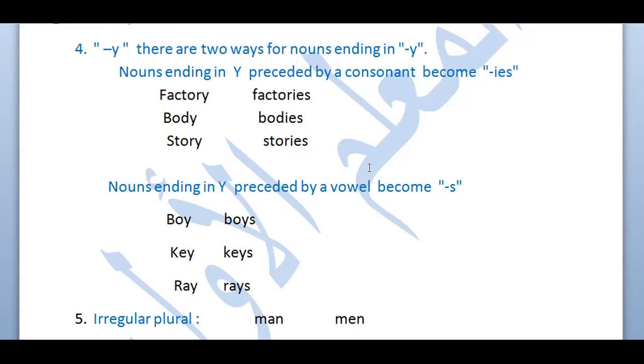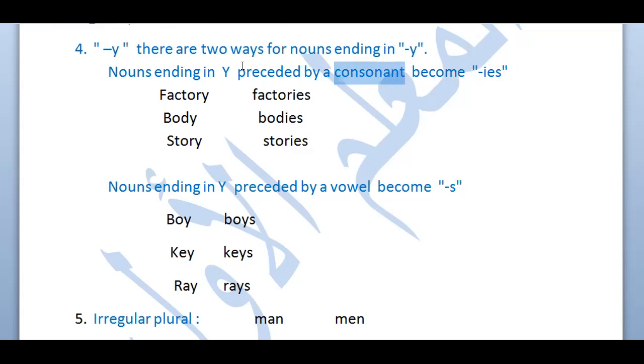The first one is nouns ending in Y preceded by a consonant. You know, the consonant letters, okay? Nouns ending in Y preceded by a consonant become IES. Of course, we delete Y and we put IES instead.